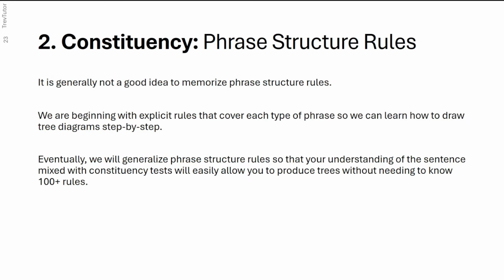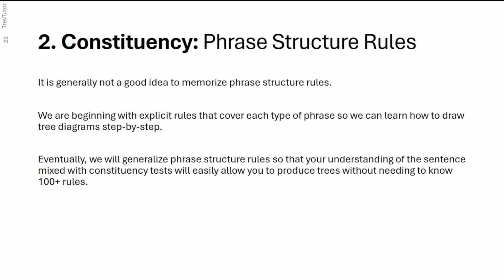So in general, before I show all these phrase structure rules, it's generally not a good idea to memorize any of these. Eventually, we're going to come up with a generalized phrase structure grammar, some general rules for how they work. And as long as you understand the different components of that structure and what each component means, you don't need to have any phrase structure rules memorized because you'll be able to implicitly understand them.